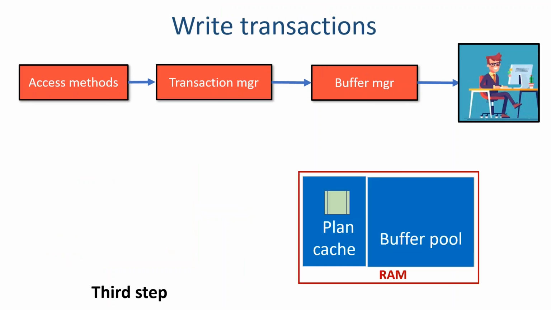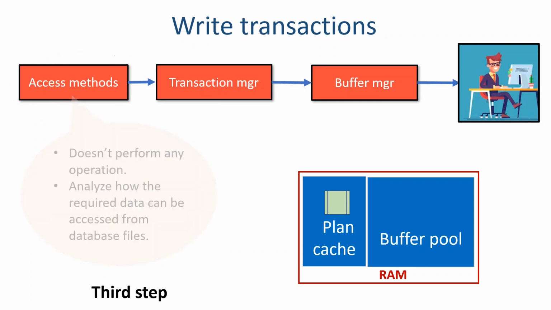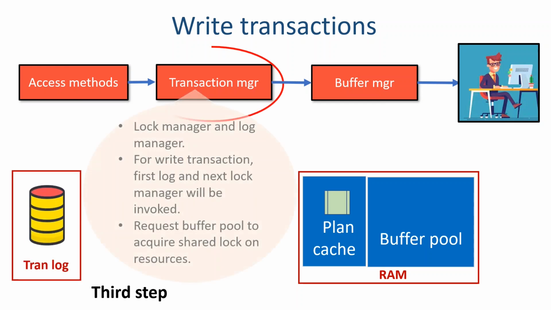But what happens with the write transaction? The access methods component by itself doesn't perform any action; it only analyzes how to grab the results from the database files. Once the query is sent to the transaction manager component, the difference happens here.